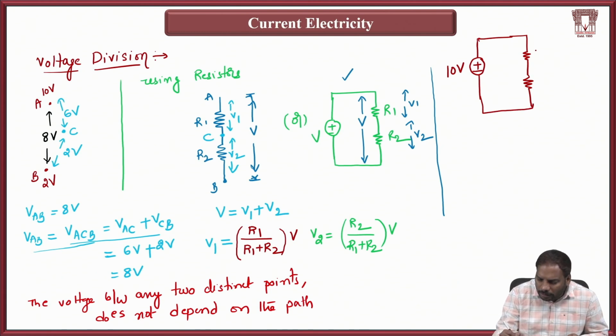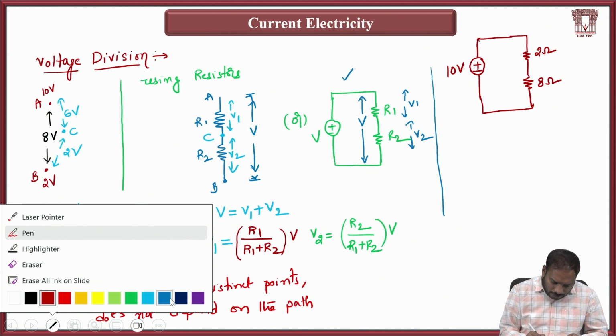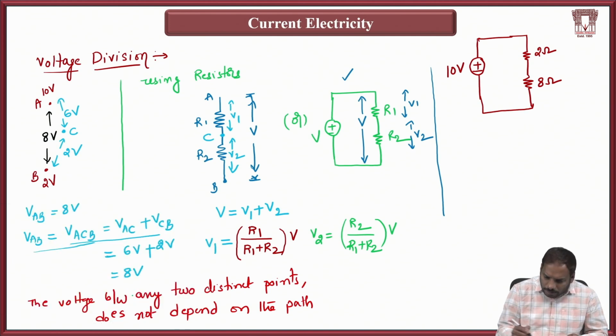This value I'll give as 2 ohms, and this value I'll give as 8 ohms. Then the voltage across the 2 ohms resistor is V1 and the voltage across the 8 ohm resistor is V2.